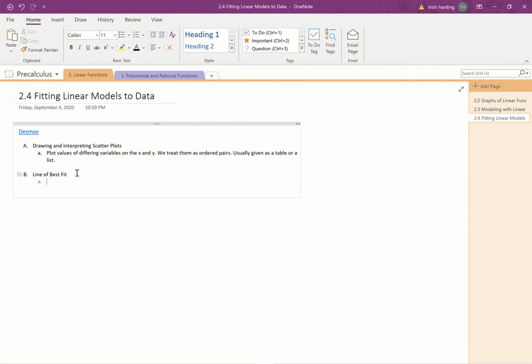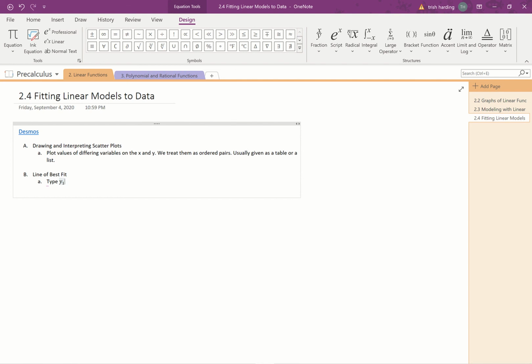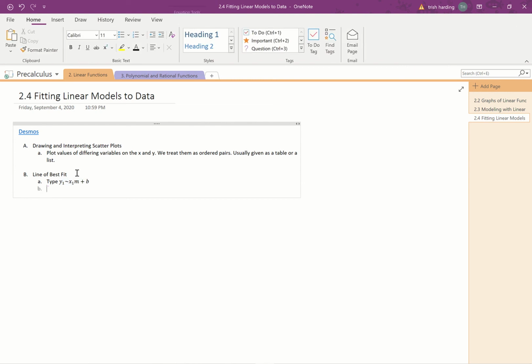So the line of best fit, you type y sub 1 tilde x sub 1 m plus b into another line in Desmos. So that's a little note for you guys about how to do that.